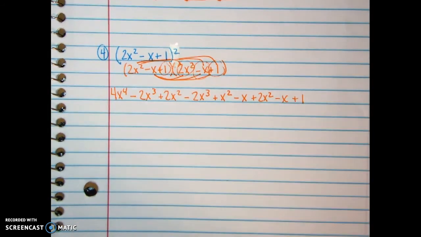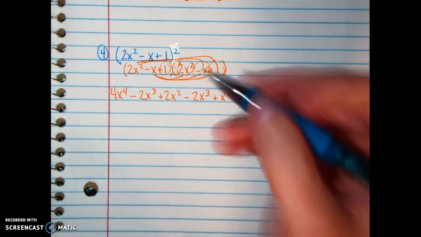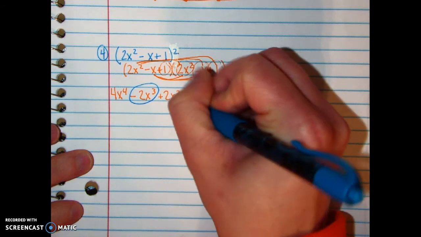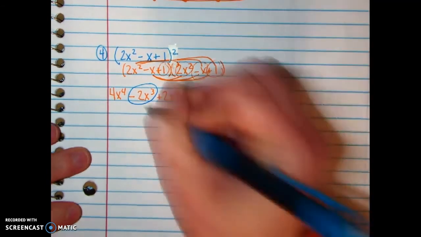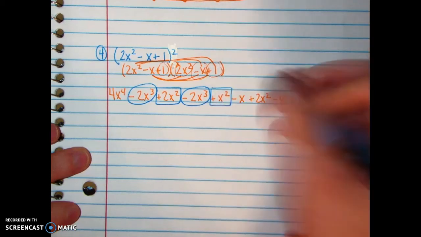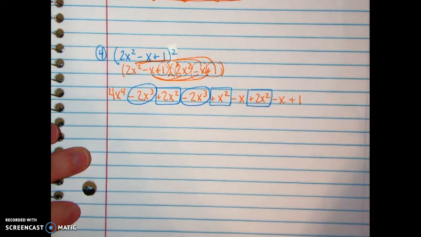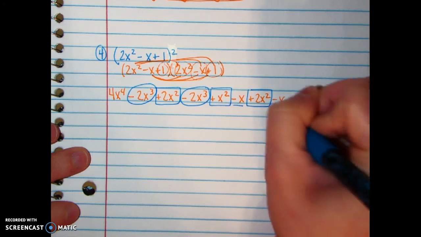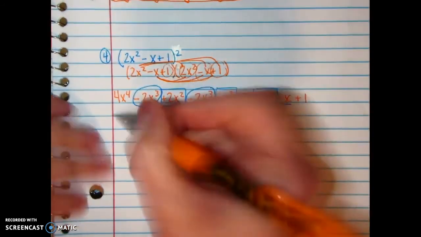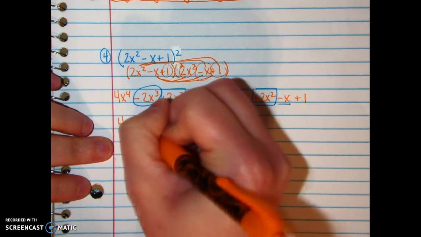Okay, now I have an x cubed and an x cubed, x squared, x squared, x squared. Well, yeah, there's 2 x's. Okay, here we go. 4x to the 4th.